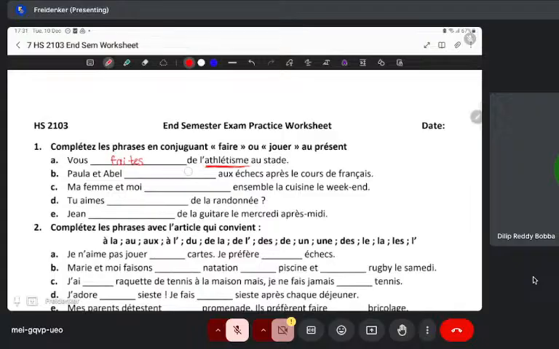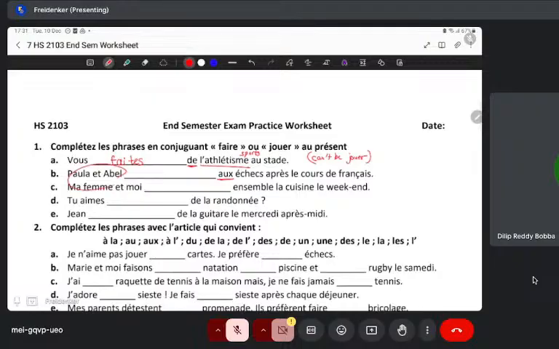So I have à here. I have a sport. So this can't be jouer de, because jouer de will take a musical instrument. Aux échecs. So this is chess, and there is already aux. Faire will not take aux and all. So directly it is jouer. Now you have to conjugate jouer.